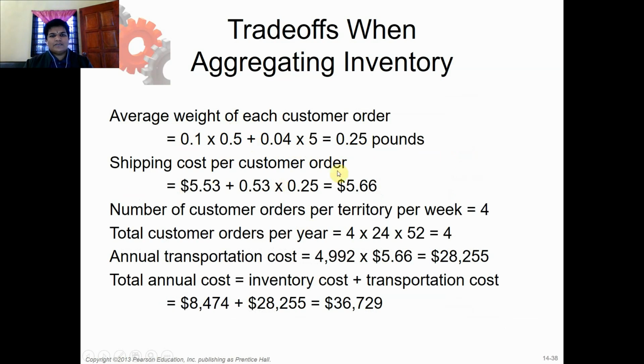Shipping cost per customer order: 5.53 plus 0.53 times 0.25, so you will get an average of 5 ringgit 5.66 US dollars. The number of customer orders per territory per week is equal to 4. Total customer orders per year: it's 4 times 24 times 52.